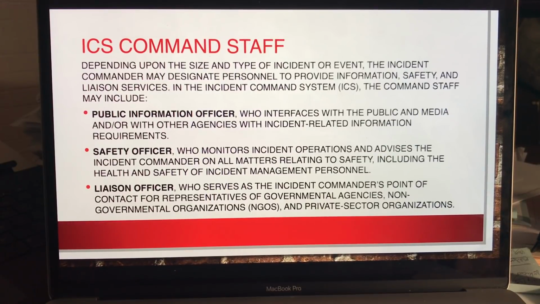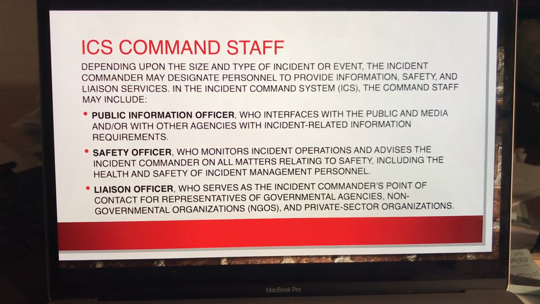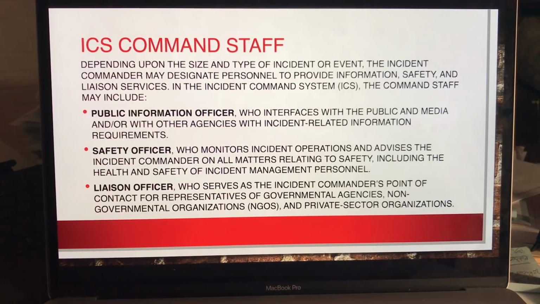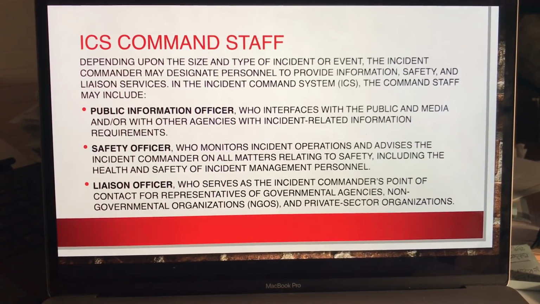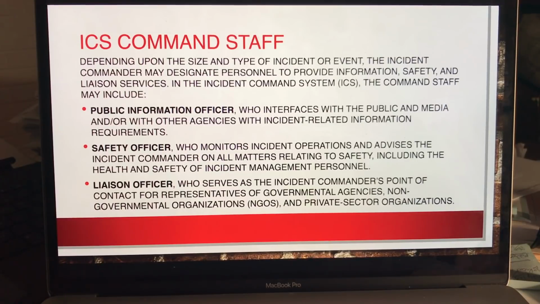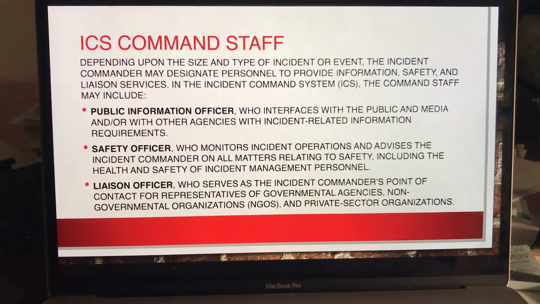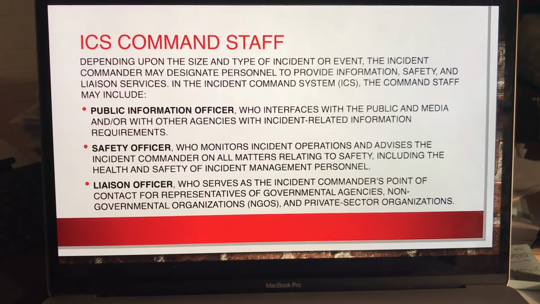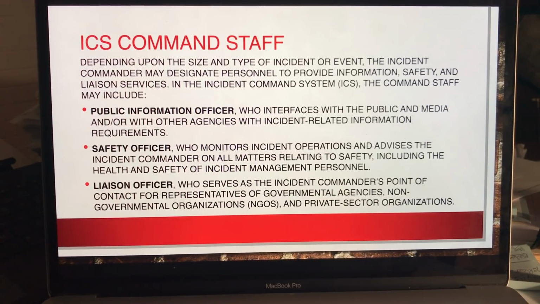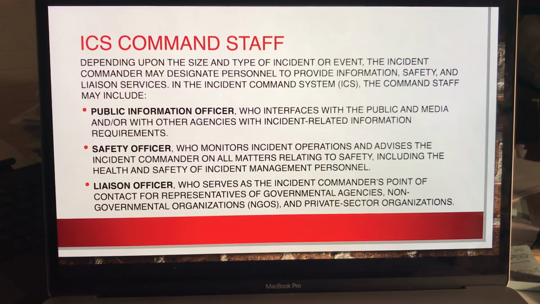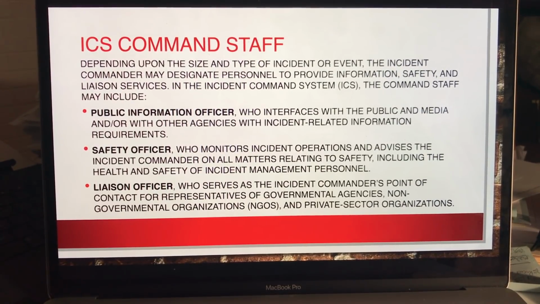Depending on the size and the type of the incident or event, the incident commander may designate personnel to provide information, safety, and liaison services. In the incident command system, the command staff may include a public information officer who interfaces with the public and media and/or with other agencies with incident-related information requirements.